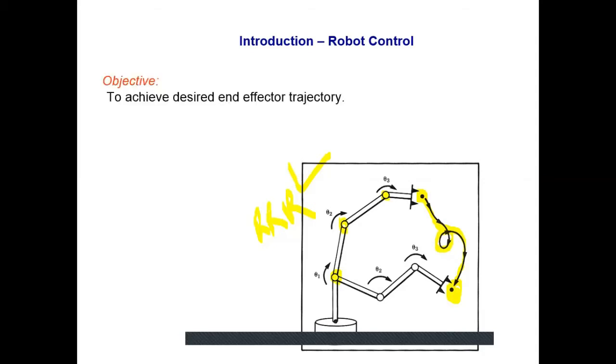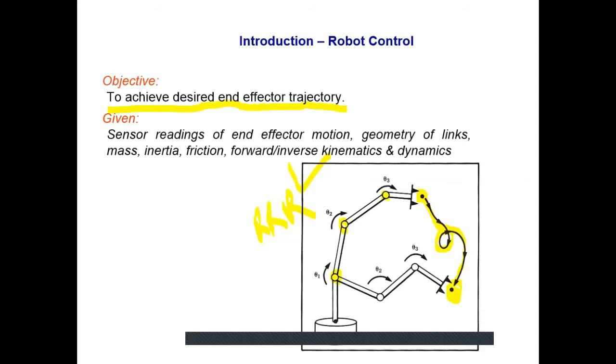So the objective is to achieve a desired end effector trajectory. And in this problem, we are given the sensor readings of end effector motion. So this end effector motion can be measured using the given sensors. Geometry of these links is given, and also mass, inertia, friction of different elements of this robot are given.